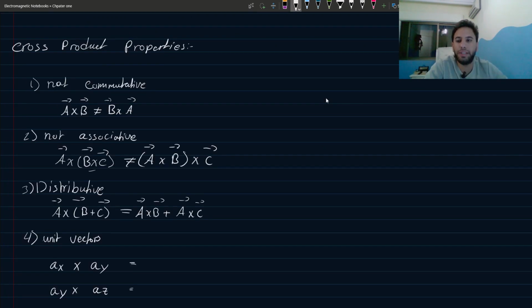The properties of cross product. Now, unfortunately, the cross product is not commutative. The order of multiplication matters. If you want to multiply vector A and vector B together, A cross B, it will not give you the same answer as B cross A. In fact, it is called anti-commutative.